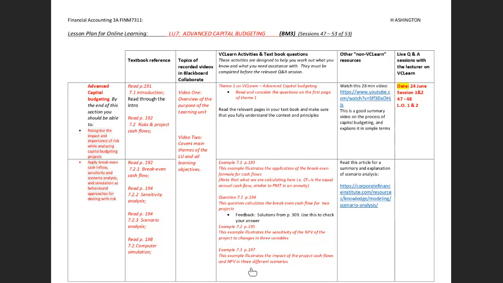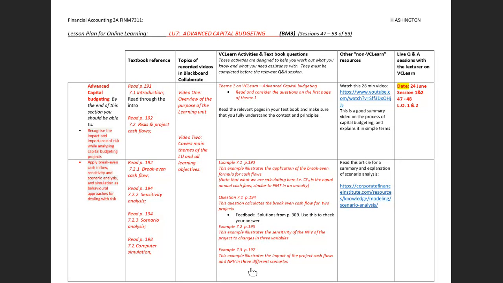So when we talk about scenario analysis, as opposed to sensitivity analysis, in scenario analysis, we have got our estimate of the cash flows that we have done to the best of our ability, as accurate as we possibly can. But because we know that they're estimates, we know that it's highly unlikely that they're going to come out exactly as per our estimate.